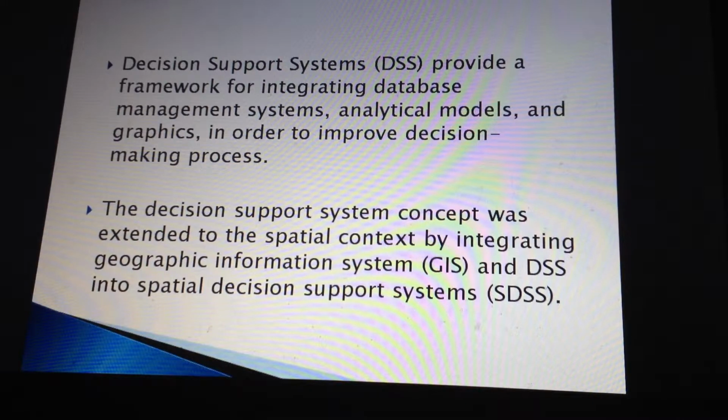The Decision Support System concept was extended to the spatial context by integrating Geographic Information System (GIS) and DSS into Spatial Decision Support System, SDSS.